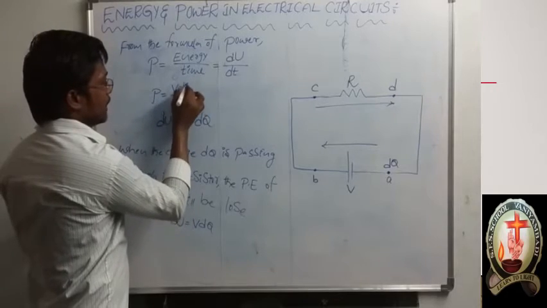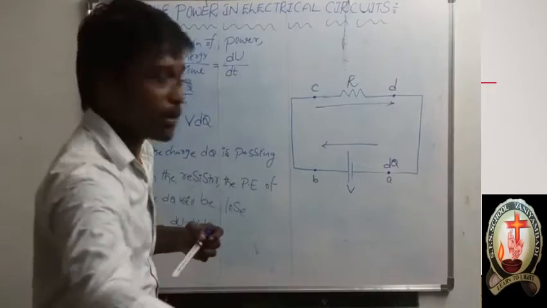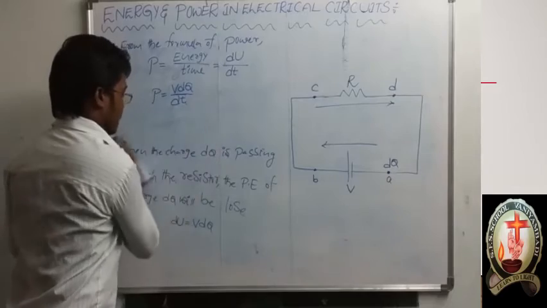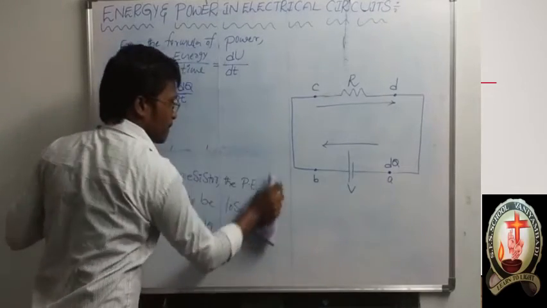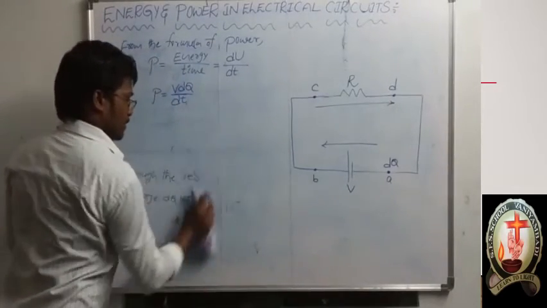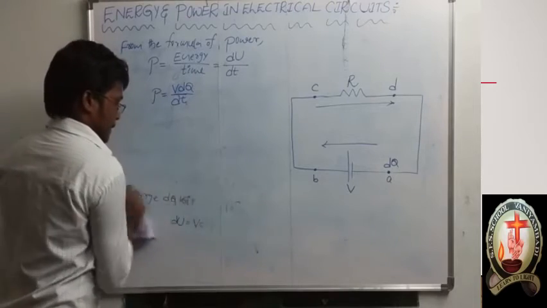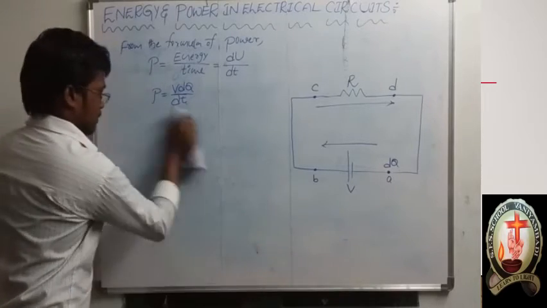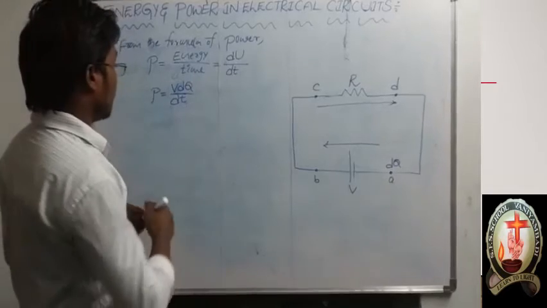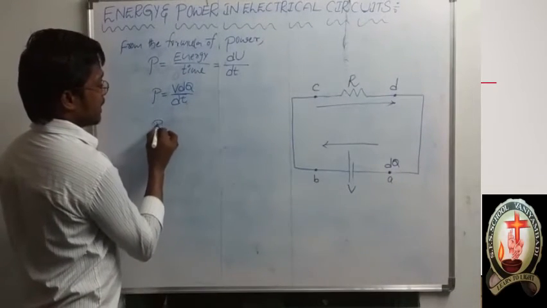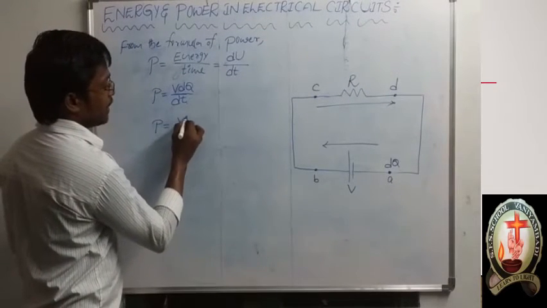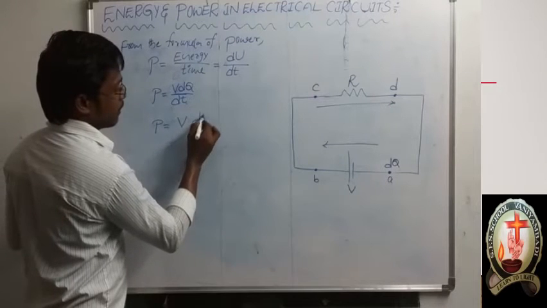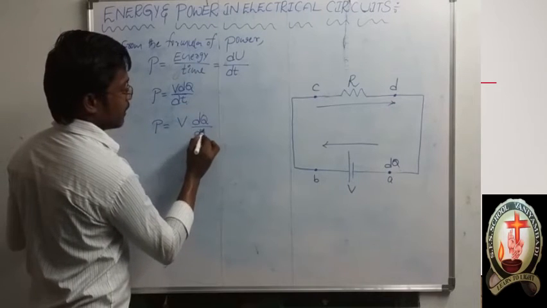V dq. So here P is equal to V into dq by dt.